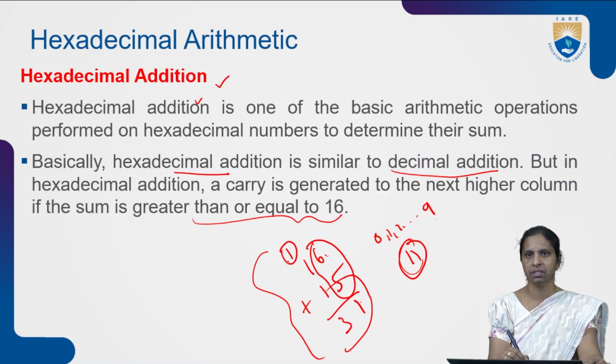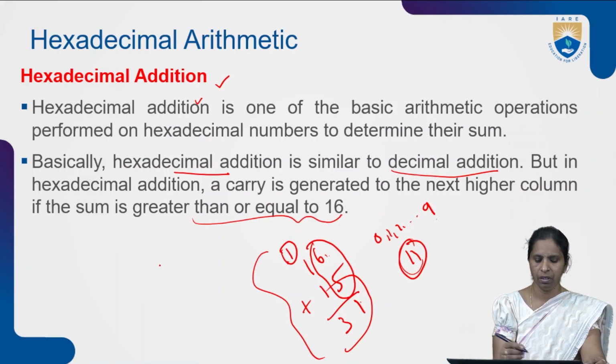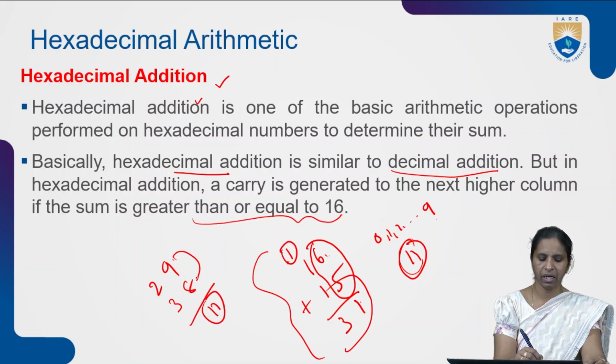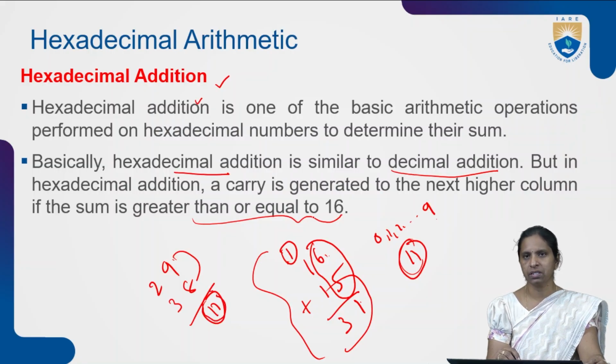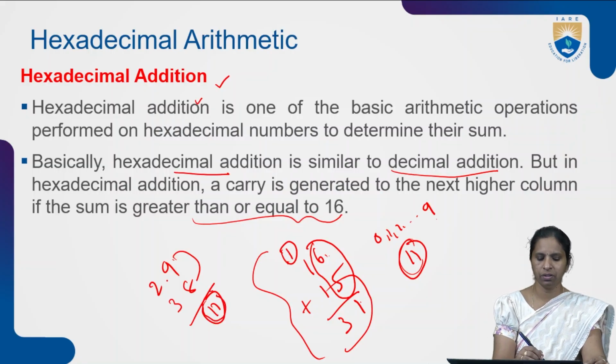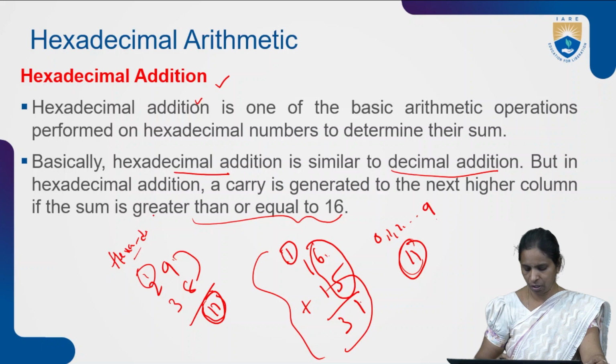In the hexadecimal system, if the sum is greater than or equal to 16, for example, you are having 29 and let us say here 38. What is the sum here? 17 is the sum here. So when you add 9 plus 8, what are you getting here? 17. So if you get greater than or equal to 16 only, then you are going to get the carry here. That is the hexadecimal number system. Now we will see here.